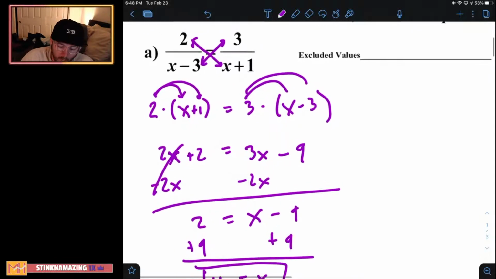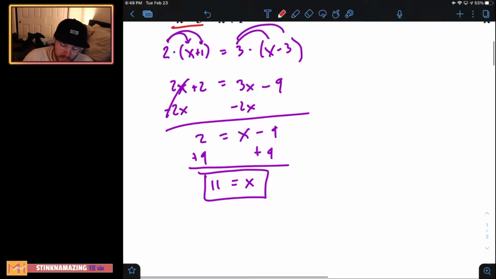So what are our undefined values? Looking at the first fraction, x cannot be 3 because 3 minus 3 is 0, and we can't divide by 0. And x cannot be negative 1, because negative 1 plus 1 is 0. We can't divide by 0. So our x equals 11 solution is A-okay.